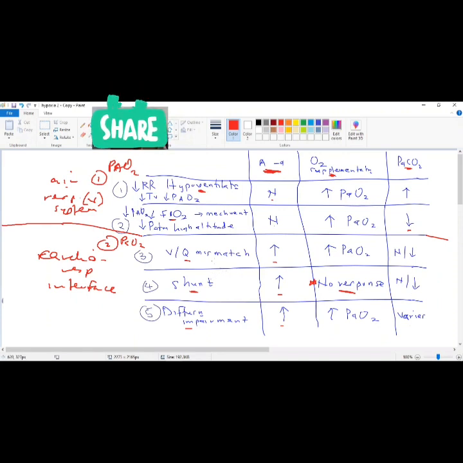In other causes, including VQ mismatch, diffusion impairment, even a respiratory ventilation issue, if I give oxygen, you're creating what? Greater gradients. And there'll be more diffusion and it can correct PO2 a little, where PO2 will rise somewhat, it's going to respond. But if there's no response at all, you're dealing with a shunt.